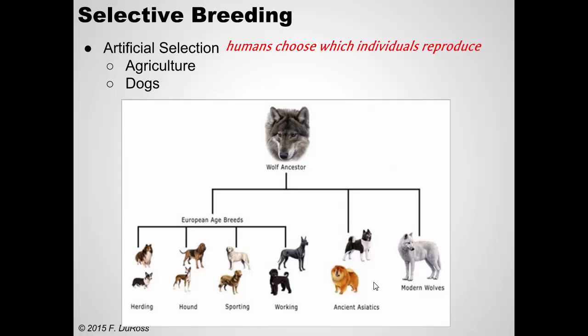Over time, humans would select the tamest of those wolf-like ancestors, the most helpful, the ones that were not ferocious. And over time, they became more and more tame, more and more domesticated, until we had dogs. And then our modern breeds are bred from those dogs. When you take the tiniest of each litter and you allow them to breed together, and you do that for hundreds and hundreds of generations, you end up with these tiny little miniature poodles. But they all came from the same ancestor, and that's due to selective breeding.